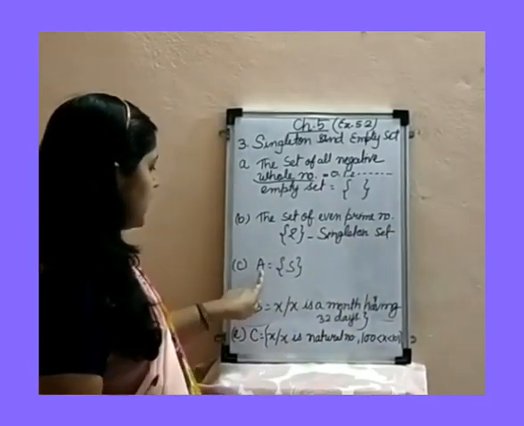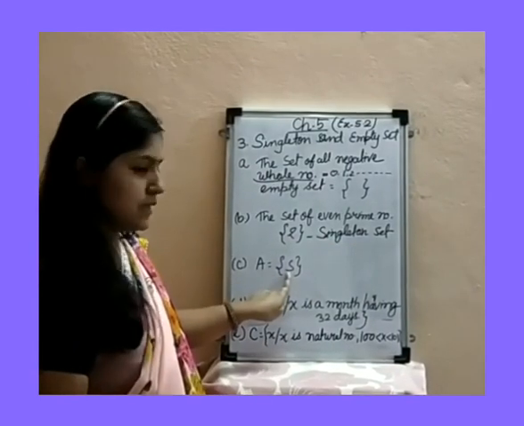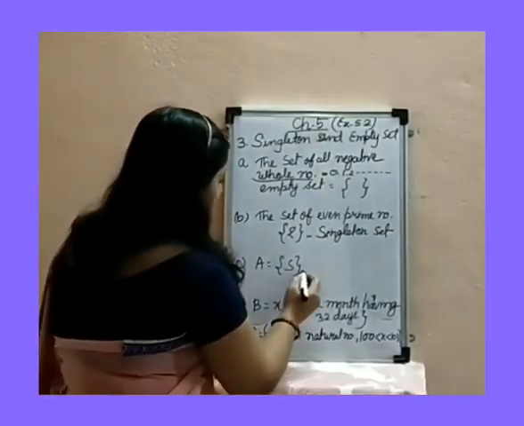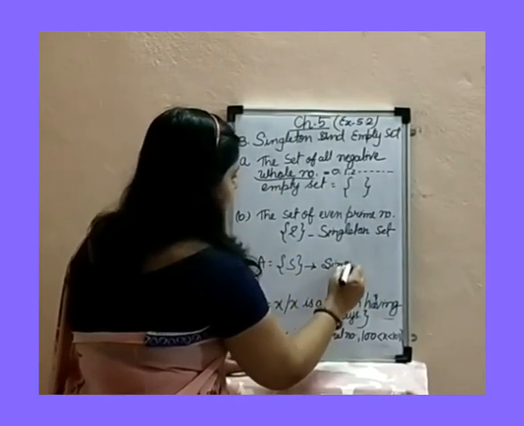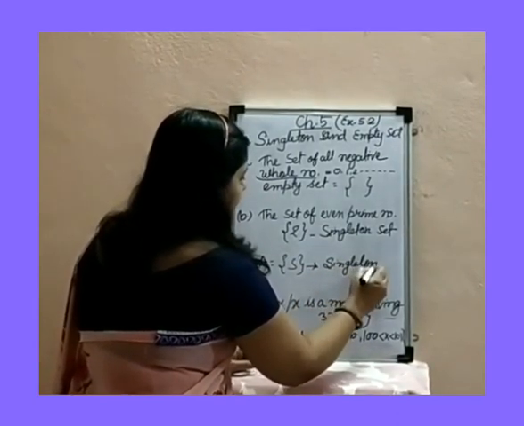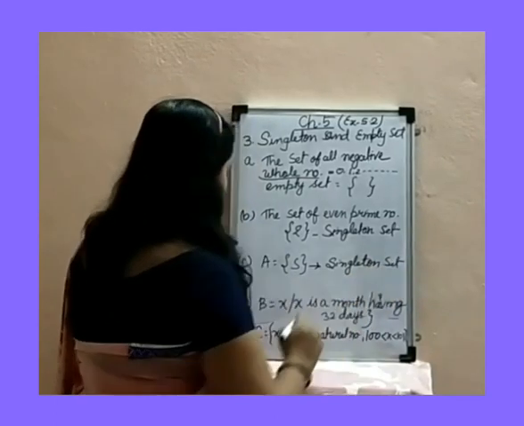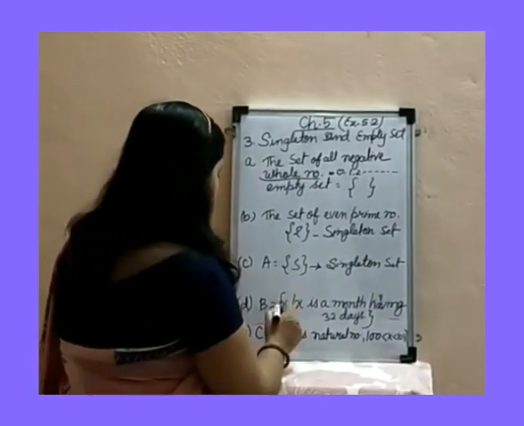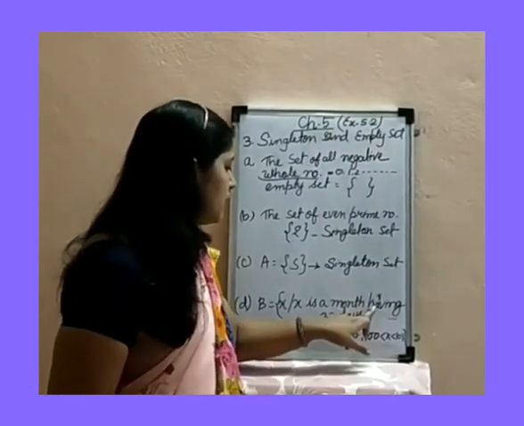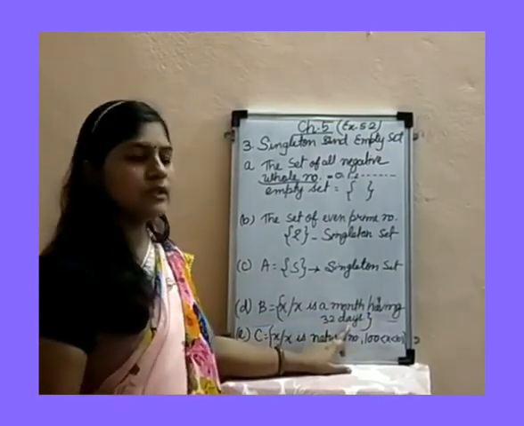Now set A is equal to S. S is a single element, so it will also be a singleton set. Now question number D is x such that x is a month having 32 days.